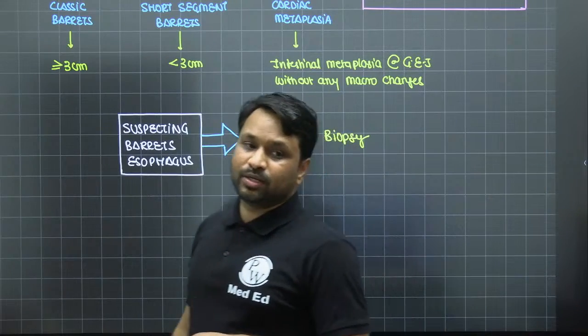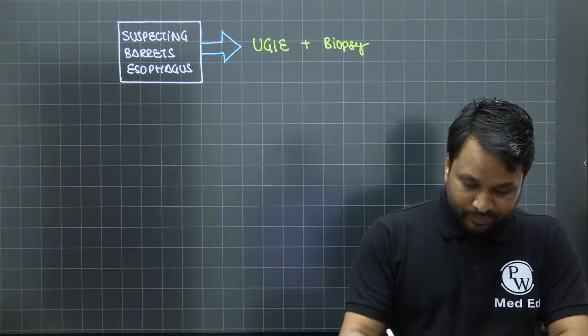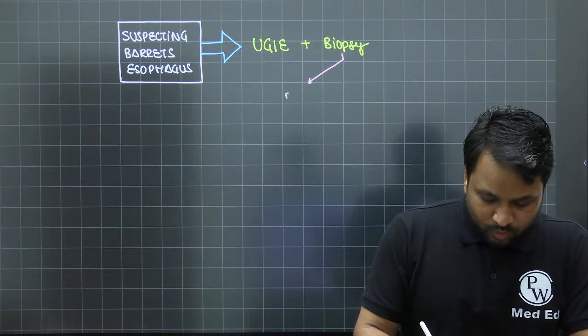You do an upper GI endoscopy as well as biopsy. Now on the biopsy, I can have three findings. One, or rather four. One, I can have normal.